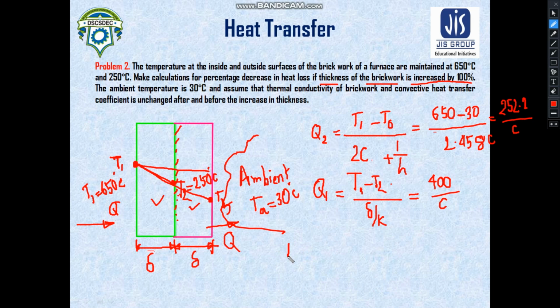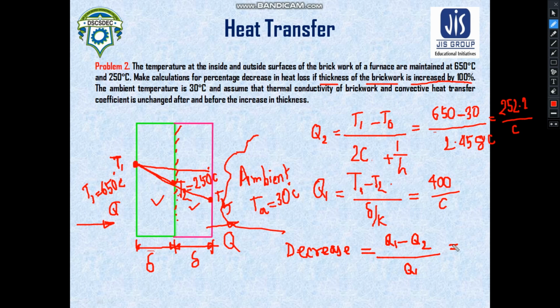Now we need to calculate the decrease in heat transfer. So if we are worried about the decrease, then how can we calculate it? Initially it was Q1 and finally it became Q2. So we will write the change as Q1 minus Q2 divided by Q1.